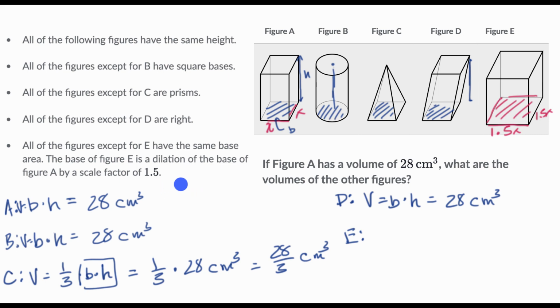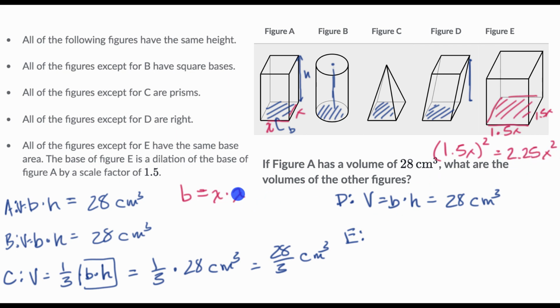Or another way to think about it, let me do it over here where I have some free space. We know that B, which we know is the area of figure A, would be equal to x times x. Now what's the area of the base of figure E? Well, it's going to be 1.5x times 1.5x, or (1.5x) squared, which is the same thing as 1.5 squared, which is 2.25, times x squared.